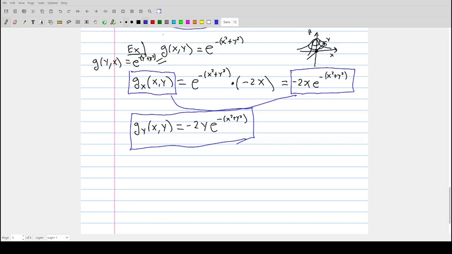I can just use the fact that this is a symmetric function of x and y and use my previous calculations for the x partial derivative. Now this may not seem like a huge deal for this example, but we'll see in the next example that this is a very big idea. It allows us to get very fast, quick derivative calculations if we have a symmetric function. I recommend going through and actually using your derivative laws to get the y partial derivative as well, because it's good practice. But I'm going to leave this example here.